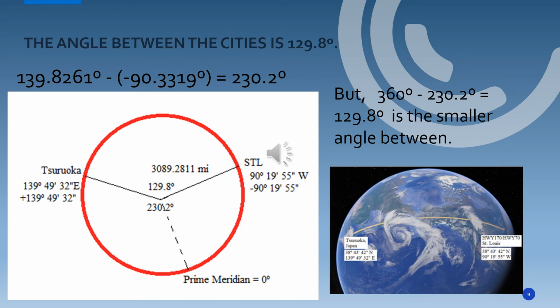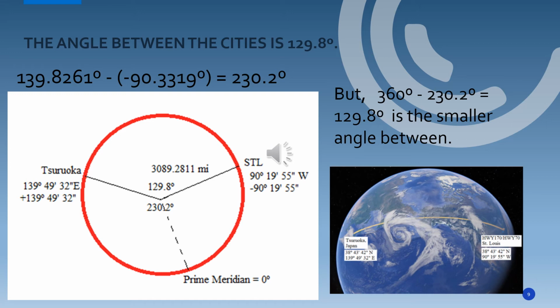Soroka is east of the prime meridian, so that's a positive value. St. Louis's longitude is 90 degrees, 19 minutes, 55 seconds west. If we convert that to decimal degrees, it will be 90.3319, but it's a negative value because western locations are considered negative.